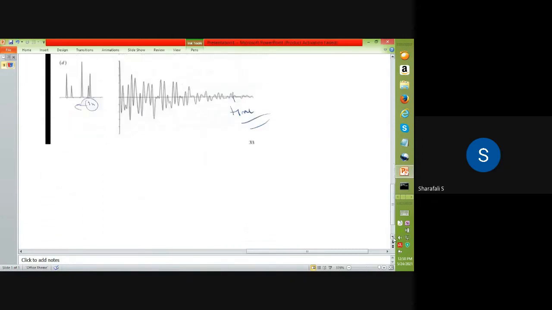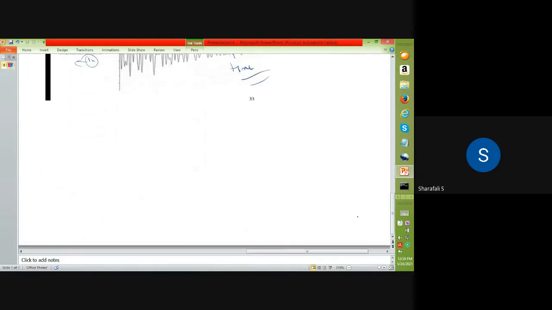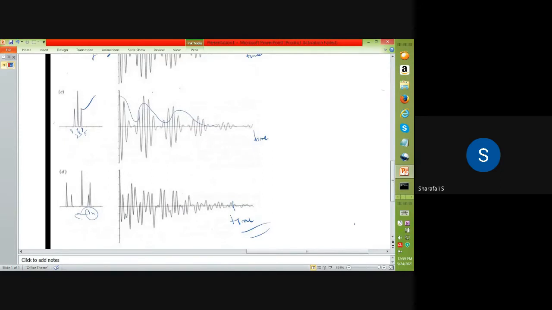So what we mean by this is that we will get different time domain spectra for different frequency domain spectra.